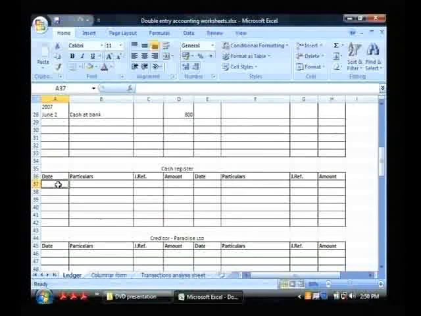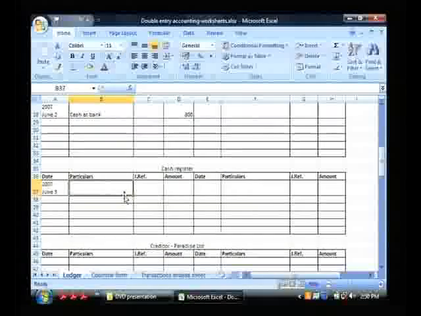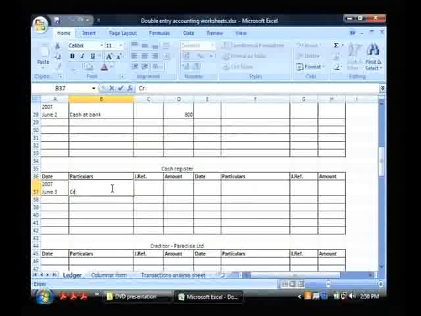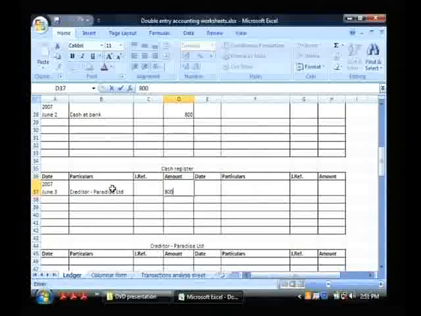Again we don't have the date, therefore we will have to write the date, June 3rd, and this amount is credited to creditor Paradise Limited. Creditor Paradise Limited, amount 800 again.